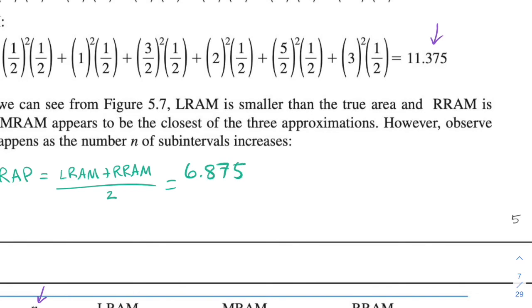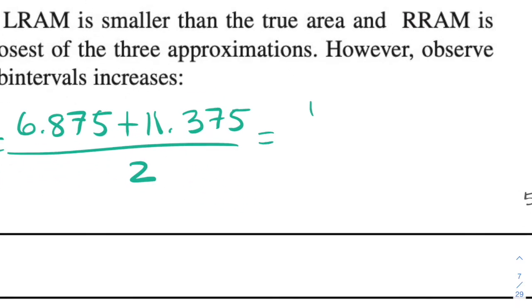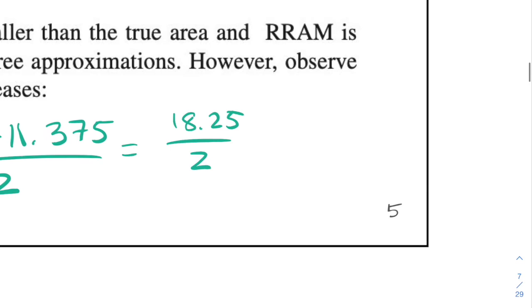So for this example, the trapezoid rule would have been 6.875 plus 11.375 divided by 2. It's super simple when you think about it this way. And I'm trying not to make it more confusing. I'm just showing you where the numbers are coming from. So we get 18.25 over 2.